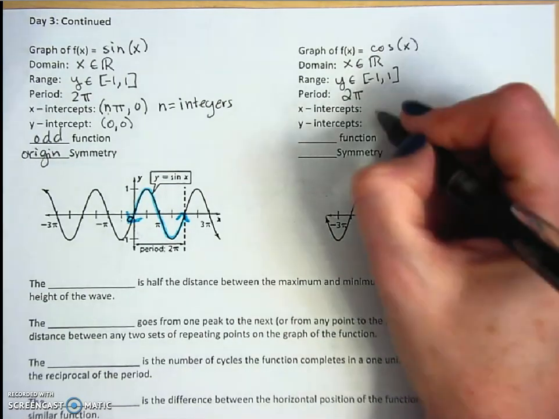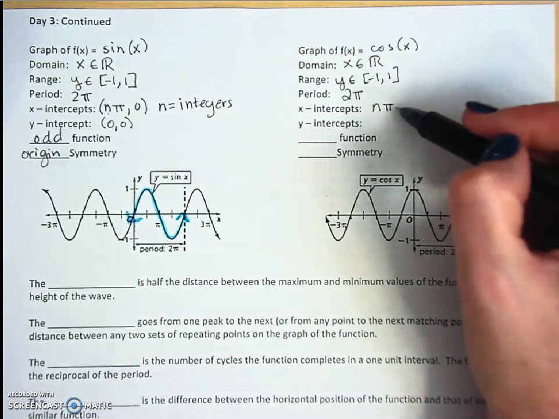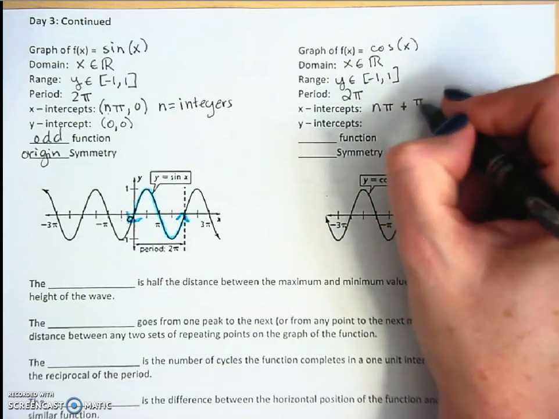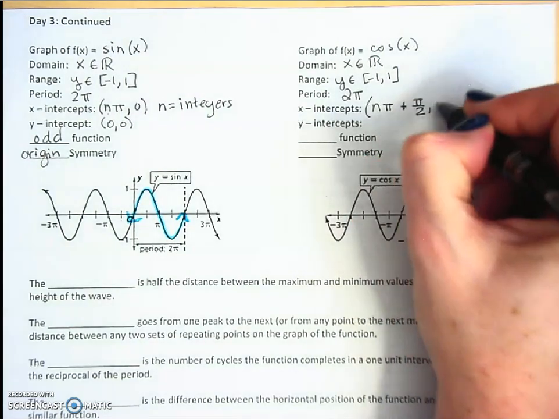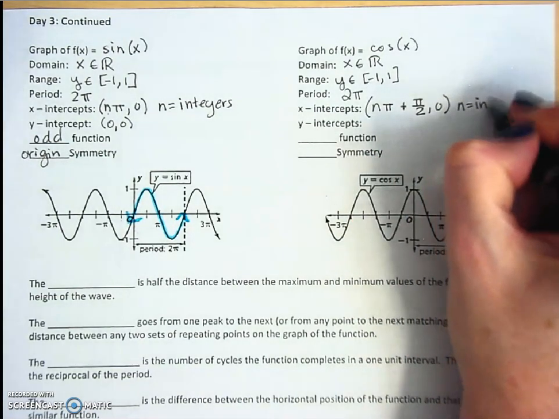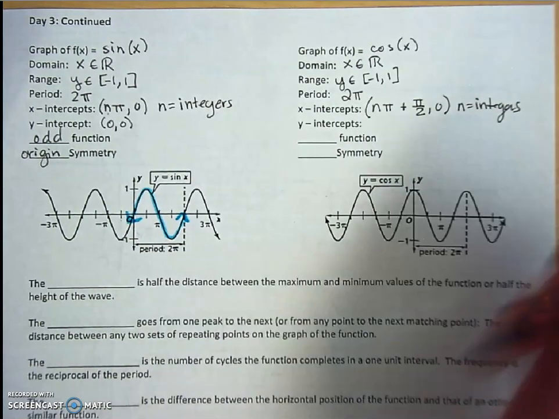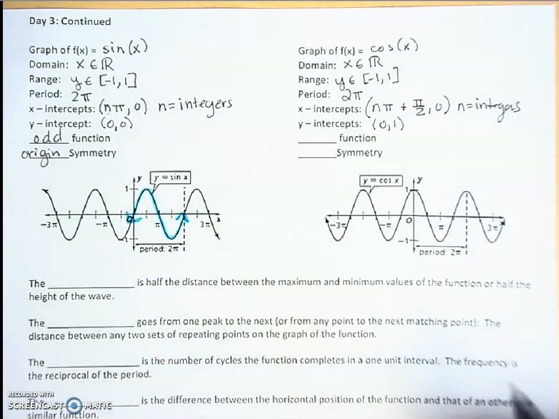And so if we take our previous n pi for all multiples of pi and just add 1/2 pi, we would get all these shifted x-intercepts. And then there's one y-intercept at 0, 1.